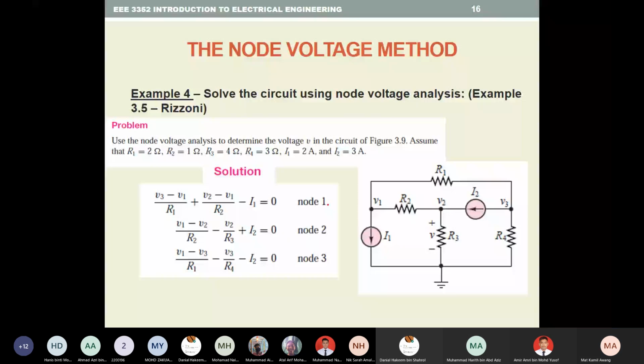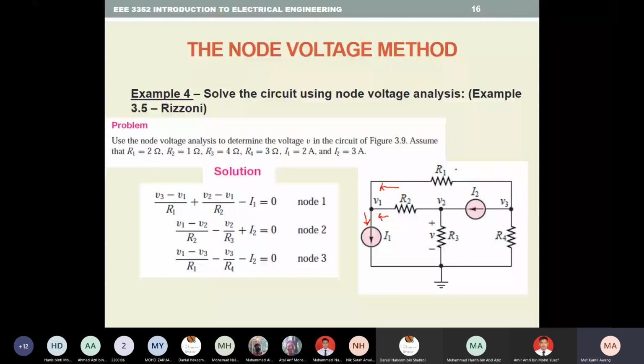One node is set as ground, so you have 3 nodes, therefore 3 variables and 3 equations. For V1, I1 is flowing out from the node, I2 you can assume is going into the node, and I3 flows into the node. Okay.